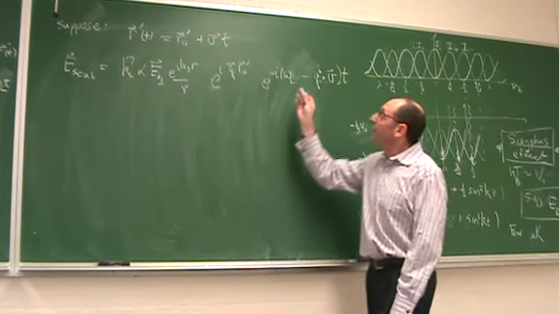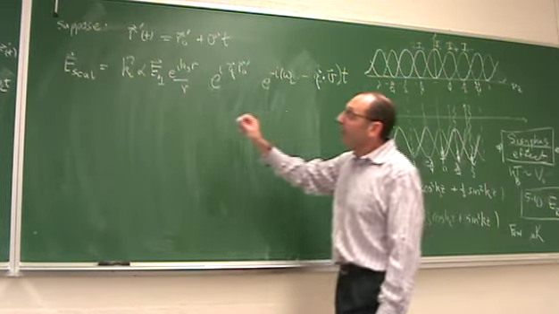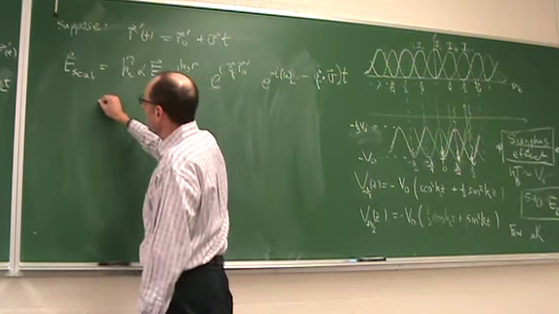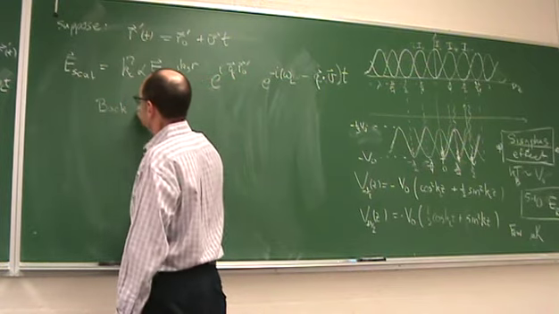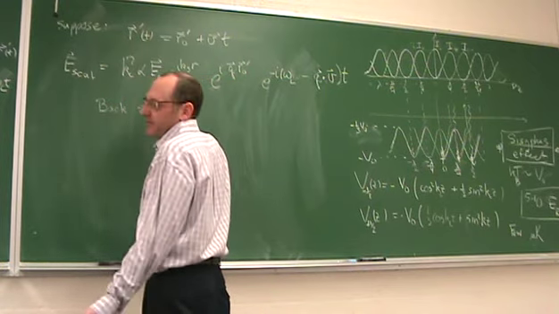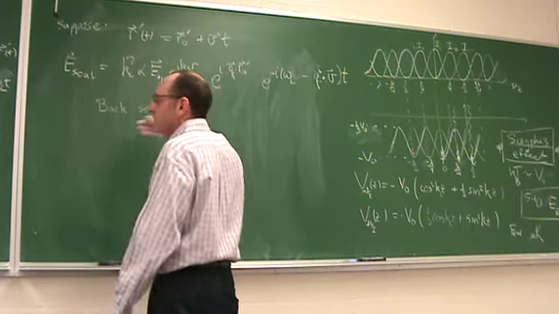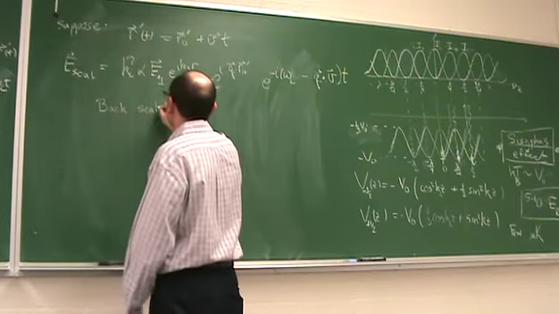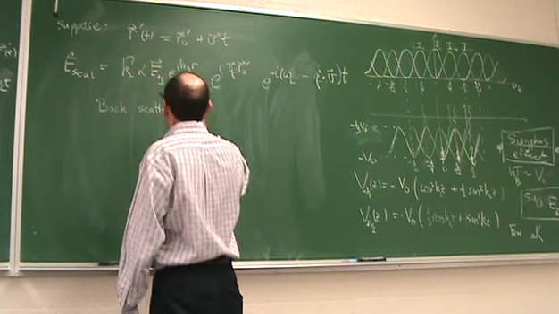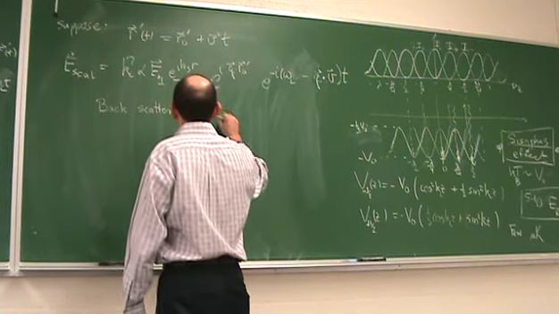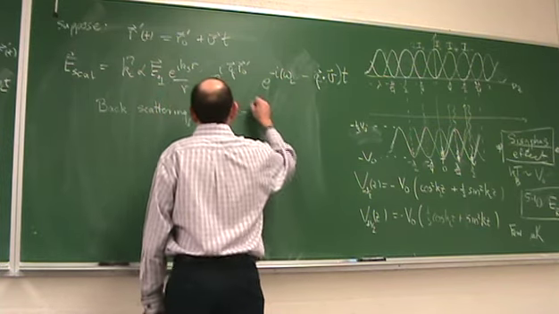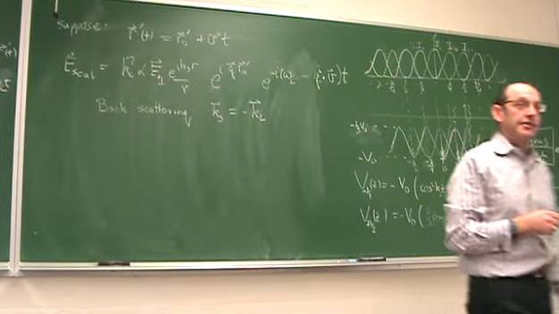Of course, if Q, let's look at the case, suppose we look at backscattered light, or light scattered in any direction really other than the forward scattered light. Let's look at backscattering, in which case the scatter is in the opposite direction of the incident field.